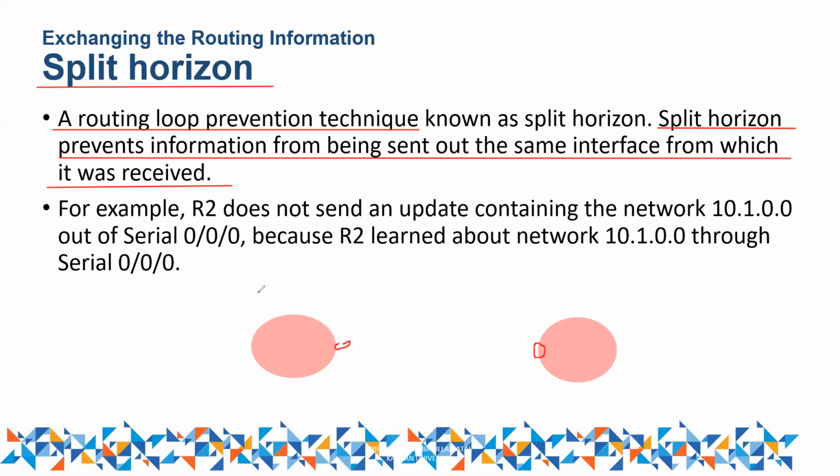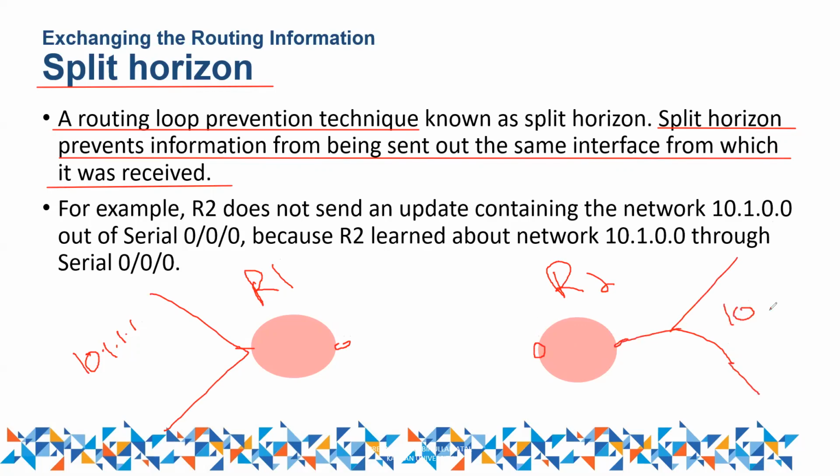There are two routers. Split horizon is an important process, try to understand, okay? There is a network 10.1.1.1, and there's another network 10.2.1.1, and here is a network 10.0.0.0.